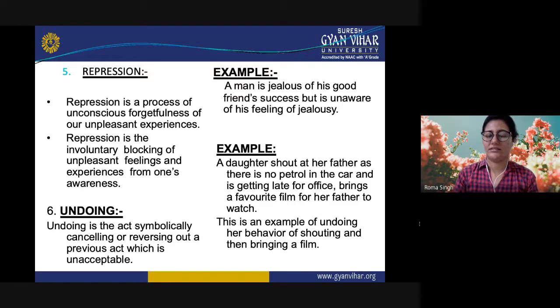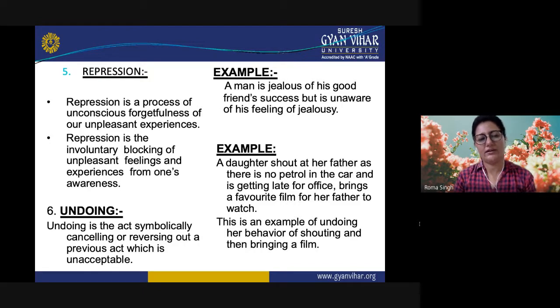But this man does not know that this feeling is known as jealousy. He's not liking it, that means that he's jealous of his friend. So he's trying to repress it, he's not trying to admit that this is an unpleasant experience, he does not want to accept that this is the reason why he does not like his friend's success.